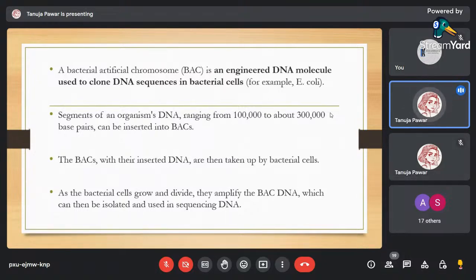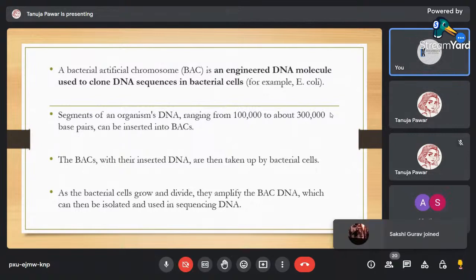A segment of an organism's DNA ranging from 10 kilo base pair to about 30 kilo base pair can be inserted into a bacterial artificial chromosome.